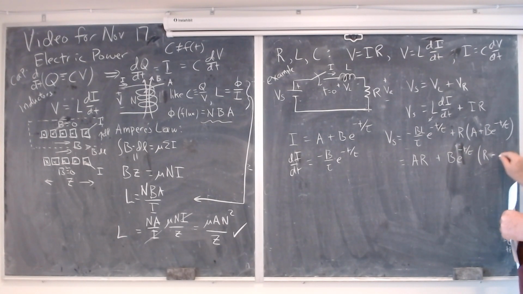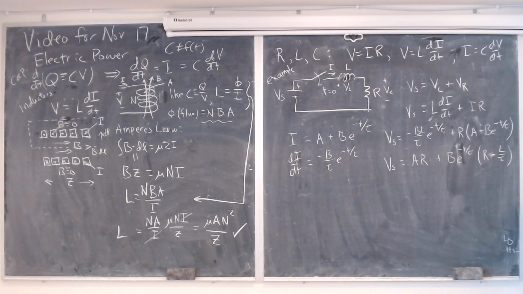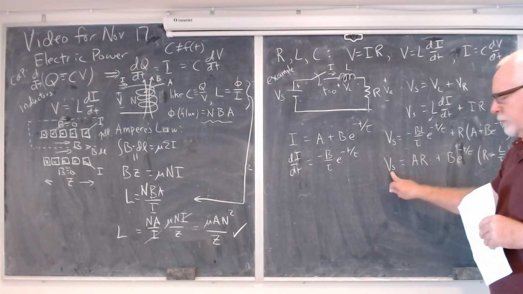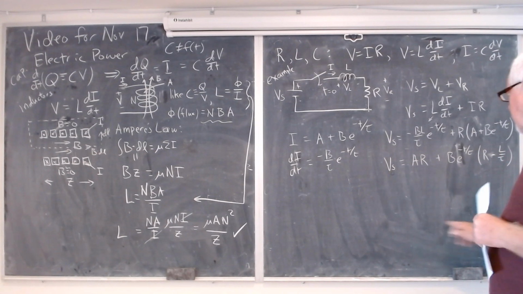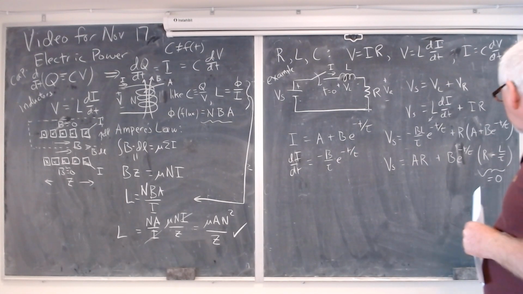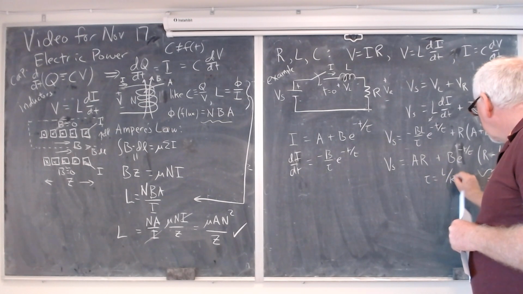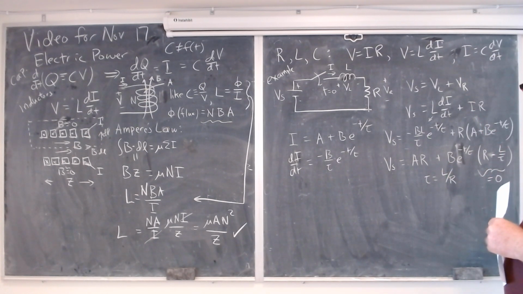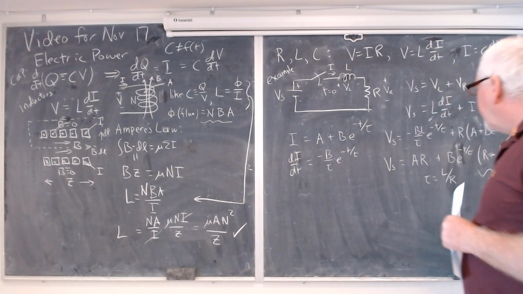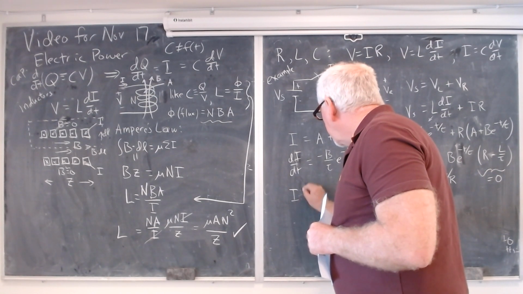R plus R minus L over tau. And now you just sort of solve, knowing now that Vs is a constant. All right, and so we know that this has to be 0. So we know that tau is equal to L over R.